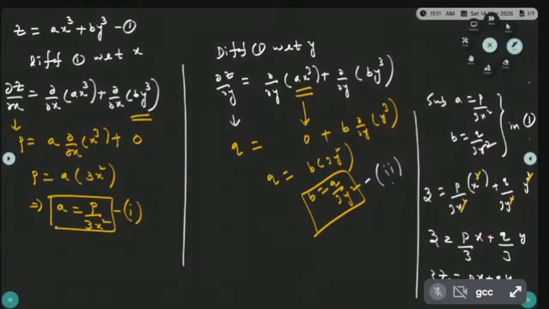Now that means we successfully eliminated a and b. Have you understood?